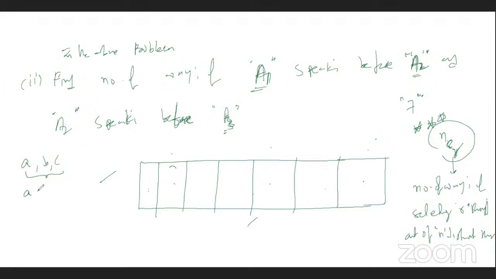What are the possibilities? AB. BA we should not write because my focus is on selection. Selection means the AB selection is same as that of BA selection. Next AC. BC. That's all. How many are coming? 3C2. It's 3 only.